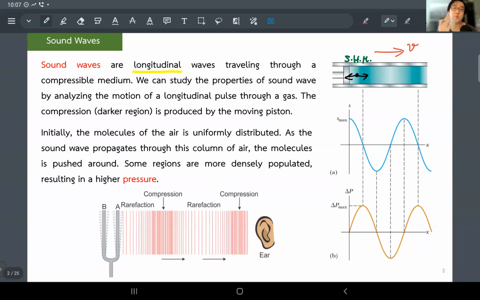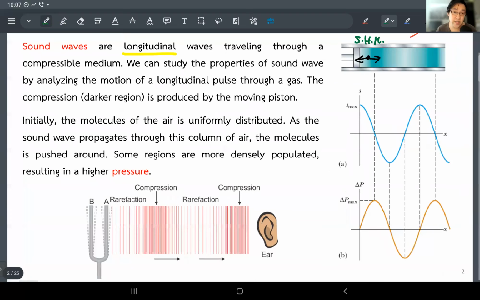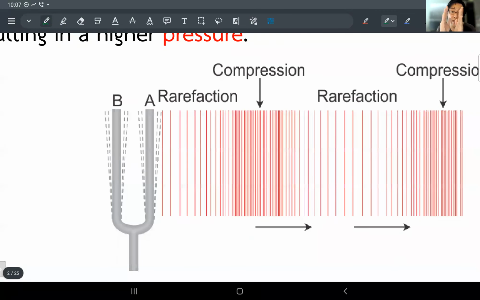So every time that things vibrate and interact with the air around them, they will push and pull. It's not really pulling the air, but it vibrates and interacts with the air molecules. And then the air molecules change their location. For example, when the air molecules get squeezed, they get closer to their neighboring atoms.